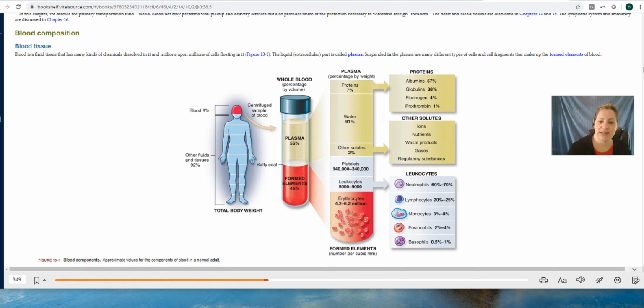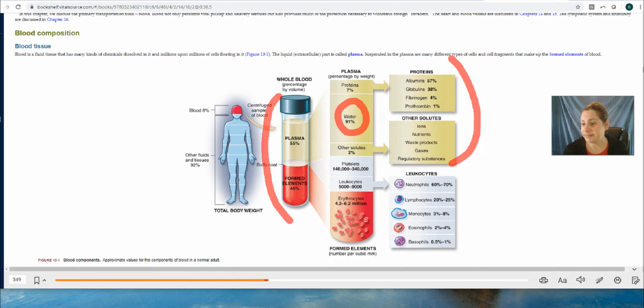And what happens is that the blood will separate like this. 55% of your blood is plasma, mostly the plasma proteins, with a big part of it being water. Then we have the formed elements, which is 45% of the blood, which are your red blood cells. And then that middle is called the buffy coat, which are your platelets and your white blood cells.